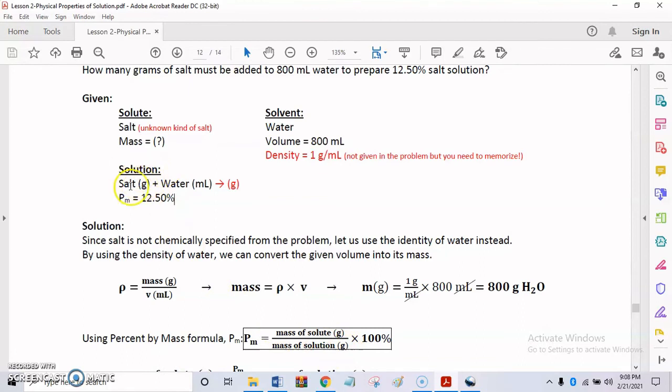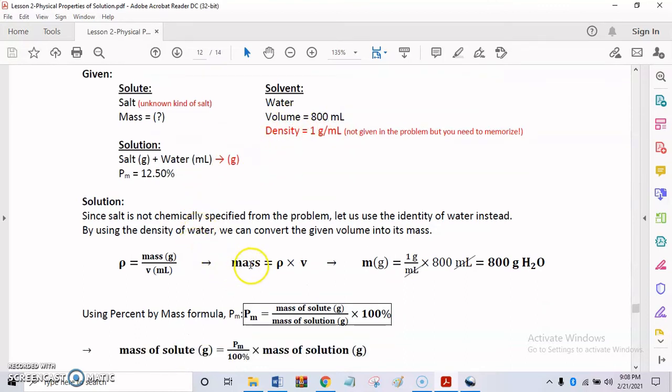The solution is salt and water. But the water given is only 800 ml and the density of 1 gram per ml. We can convert that into grams or mass by using the density and the volume of the water. So, mass of the water is equal to density times volume, which is 1 gram per ml times 800 ml, which becomes 800 grams of water.